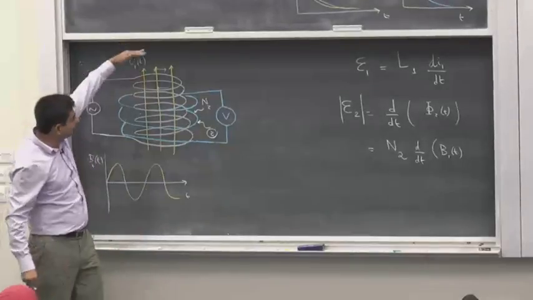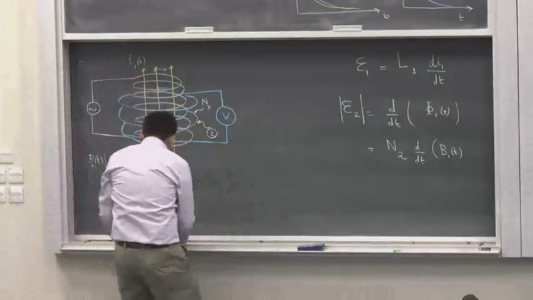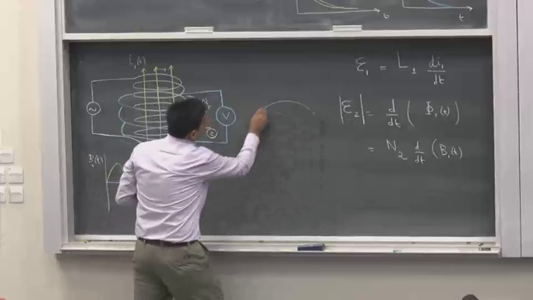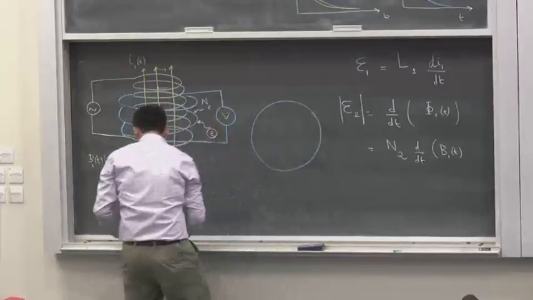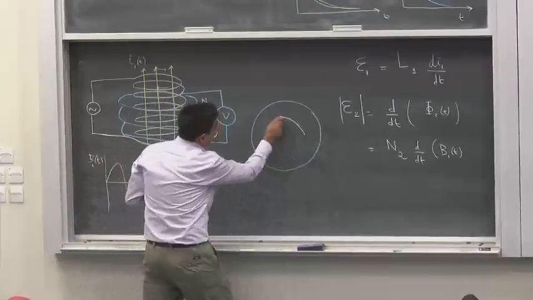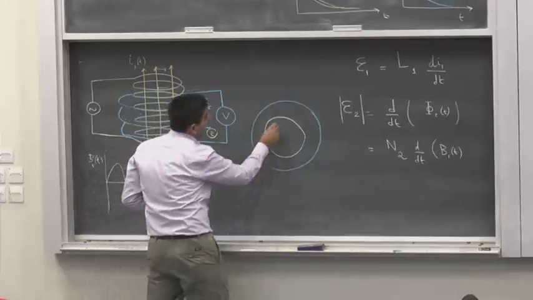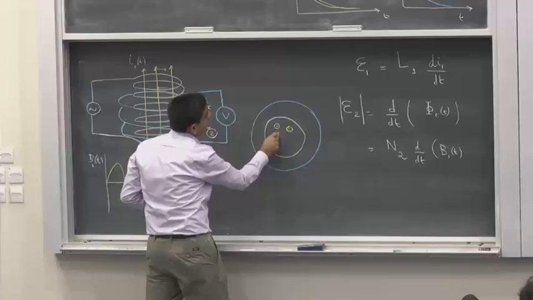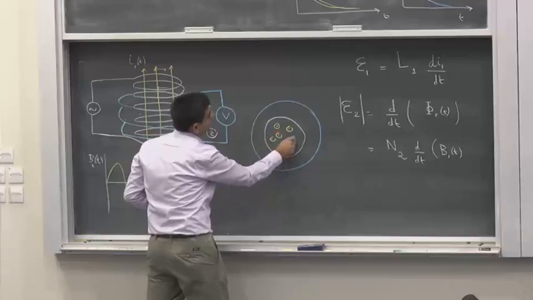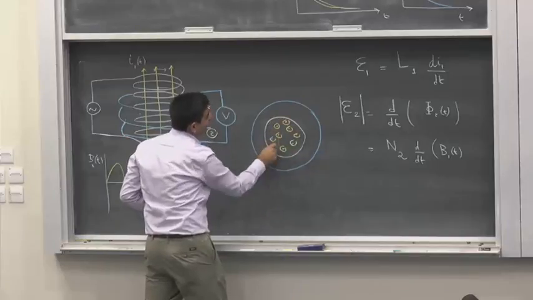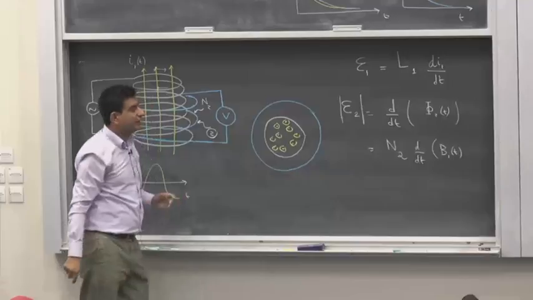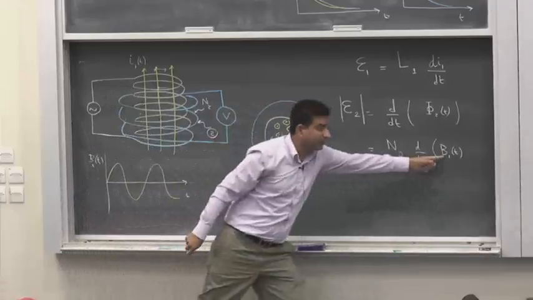So if I look at the top view, this is my blue solenoid. This is one coil of the blue solenoid. This is one coil of the inner solenoid, the primary solenoid, and the field only exists inside the inner solenoid because it's a tightly wound solenoid. There is no field outside. So the magnitude of that field is B1.